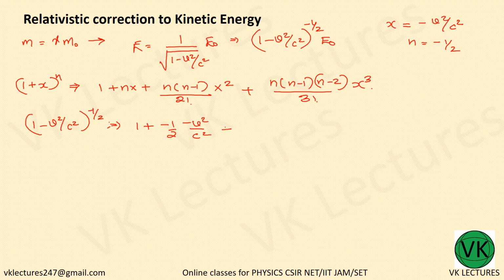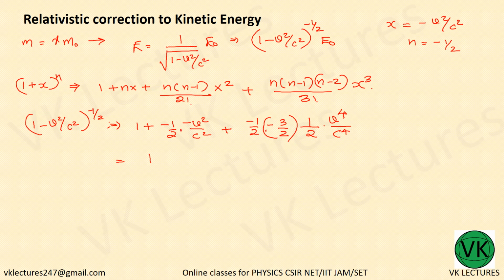Now the second term: n into (n minus 1), that is minus half into minus 3 by 2, divided by 2 factorial, so 1 by 2 into x square. x square is the square of this, so v to the power 4 divided by c to the power 4.